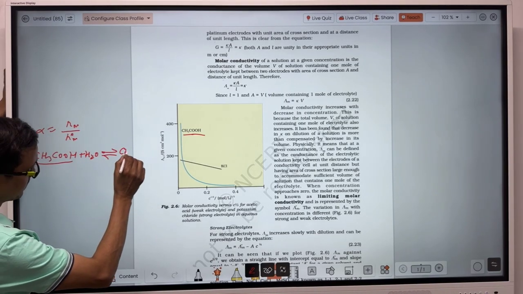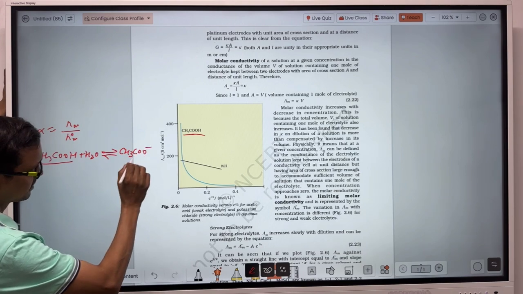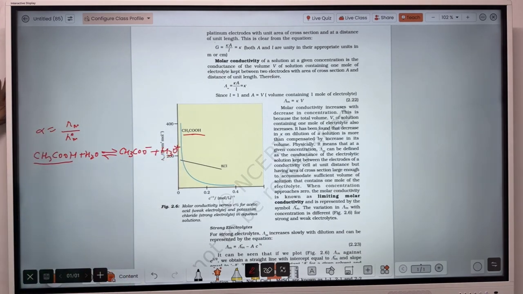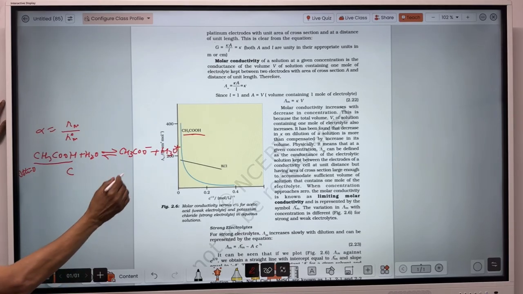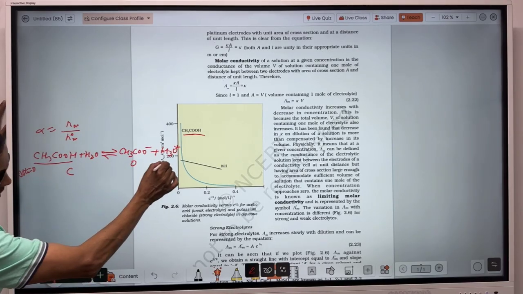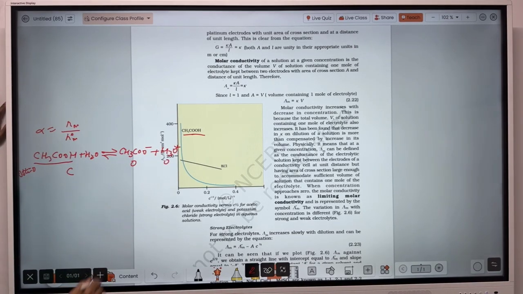So the compounds will be CH3COO minus, the acetate ion, and H3O plus. At t equal to 0, suppose the concentration of acetic acid is C. At that time, the concentration of acetate ion will be 0, and that of hydronium ion will also be 0.